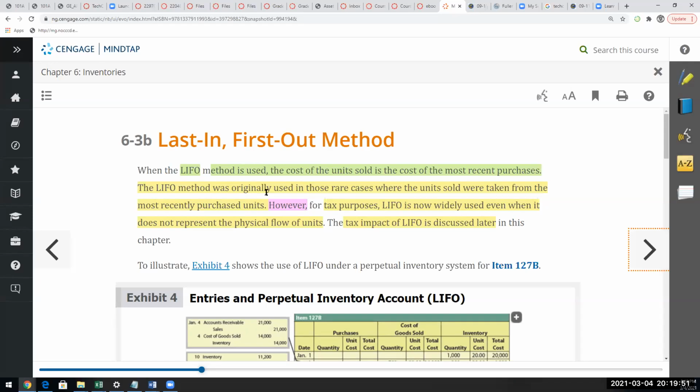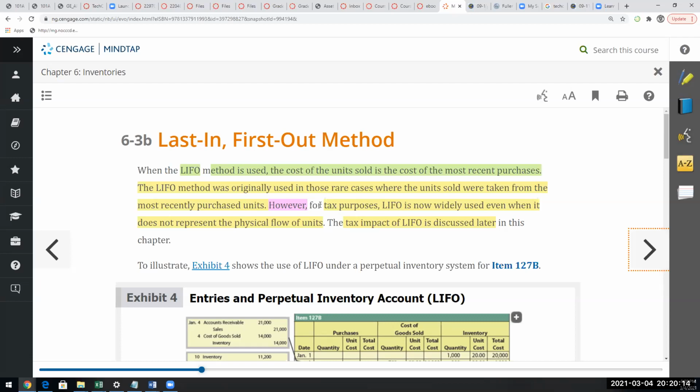So the LIFO method was originally used in those rare cases where the units sold were taken from the most recently purchased unit. That's my cone. The rare cases where you take your front loader and scoop out the outer layer of the gravel, because that's the last in, is the first out. But there's other advantages. We'll see that next time.